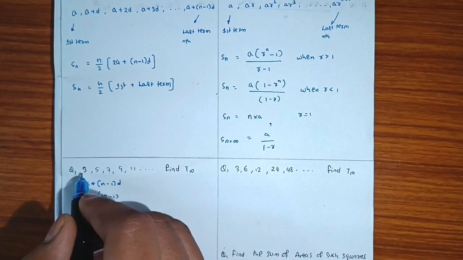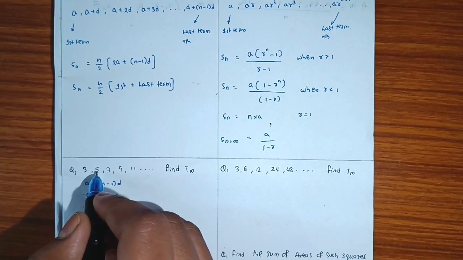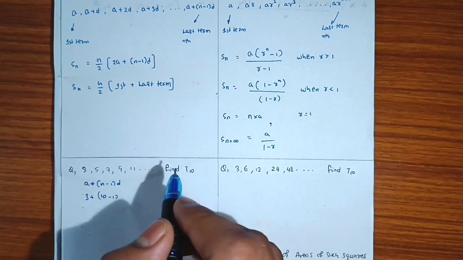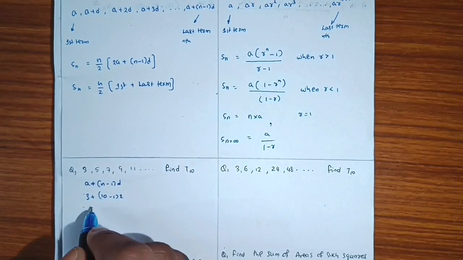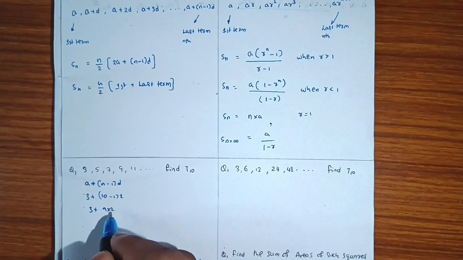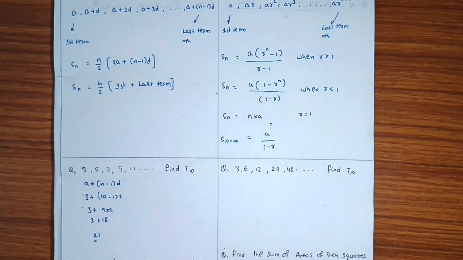The difference is 5 minus 3, which is 2, and 7 minus 5, which is 2. So the difference is the same, it is following the AP condition. The difference is 2, so 3 plus 9 into 2 is 18 plus 3, which is 21. So this is the answer to this question.